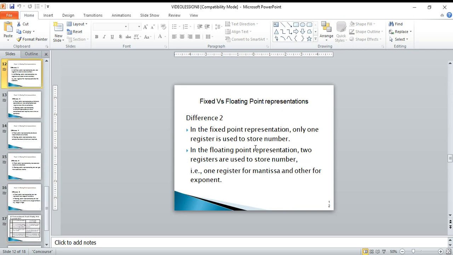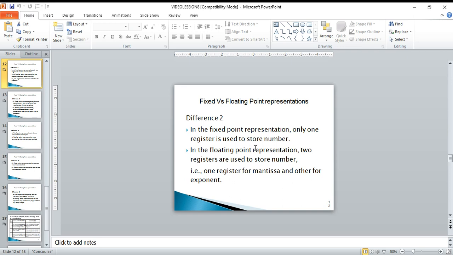Second difference: in the fixed point representation, only one register is used to store the number. So whatever number is present in the fixed point representation, to store that number we use only one register itself.